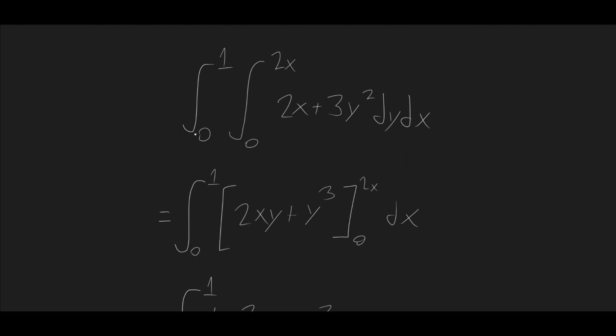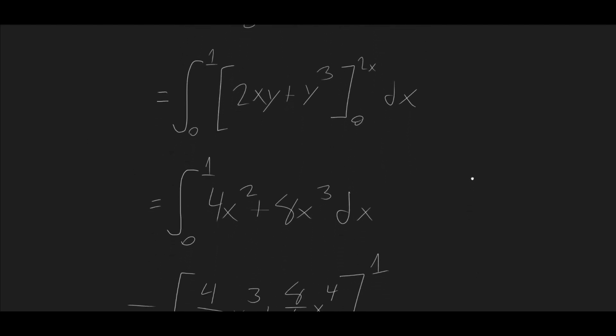And the first one that we're going to look at is the dy dx integral. So this is the double integral from 0 to 1 for x and 0 to 2x for y. And then it turns into the integral from 0 to 1 of 2x times y plus y cubed, evaluated from 0 to 2x dx.